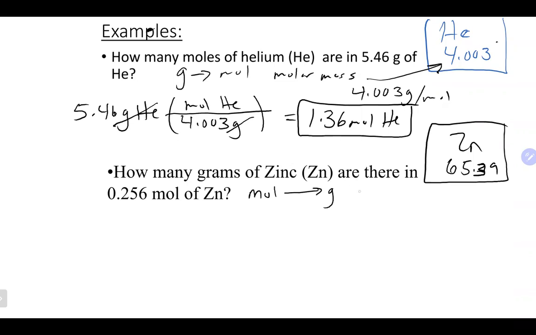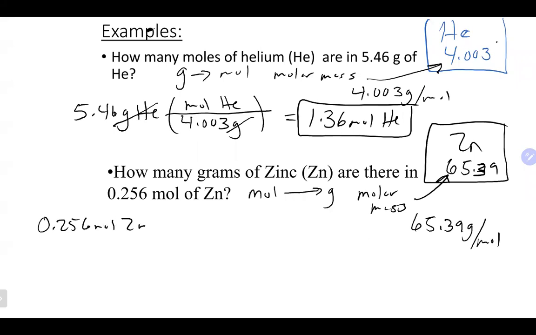Again, we use our molar mass from the periodic table. Looking at that, there are 65.39 grams per mole, which is the molar mass of zinc. Starting with our 0.256 moles of zinc, moles are on top in this case, which means we want moles on the bottom and grams on top.